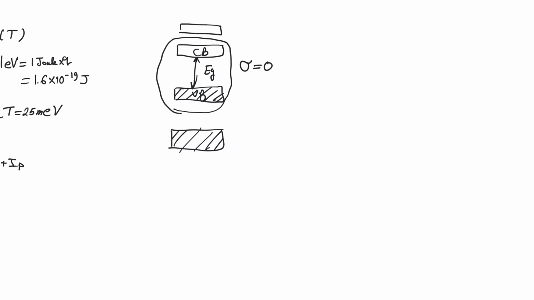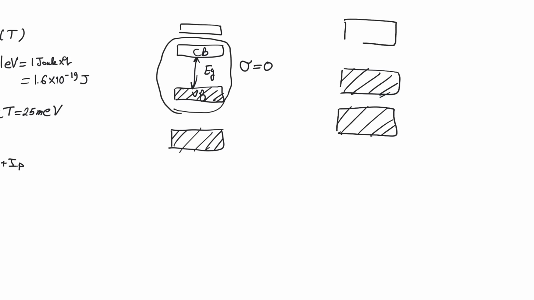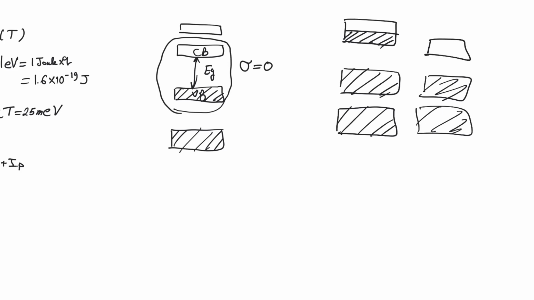So what is a conductor or a metal? For a conductor or a metal, what happens is you observe full energy bands as you go up, and then instead of seeing a full band followed by an empty band, what you observe is one of two things. Either a band that is only half full at 0 Kelvin, or you observe a full band and an empty band that overlap.